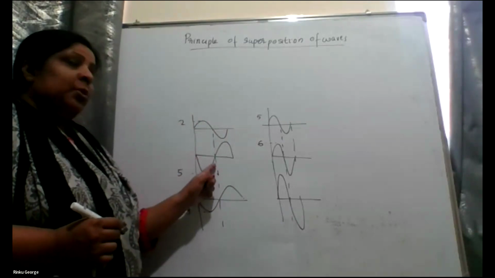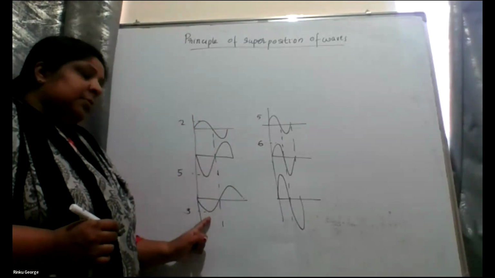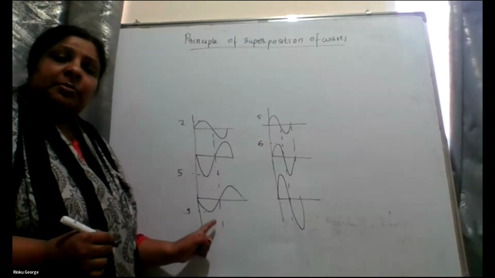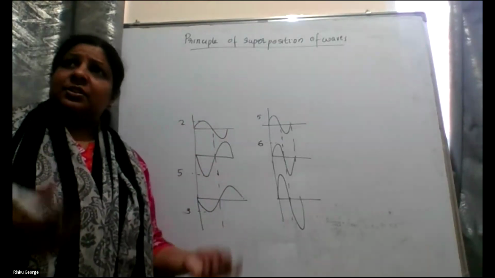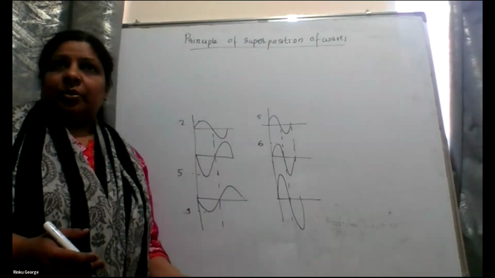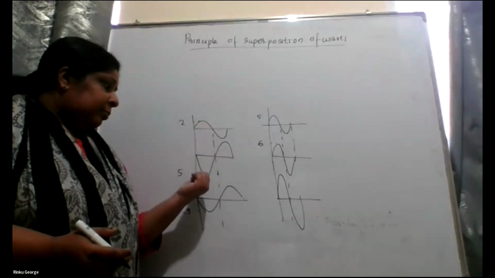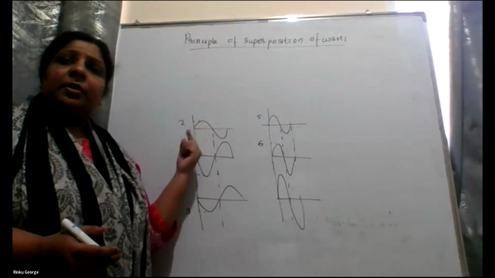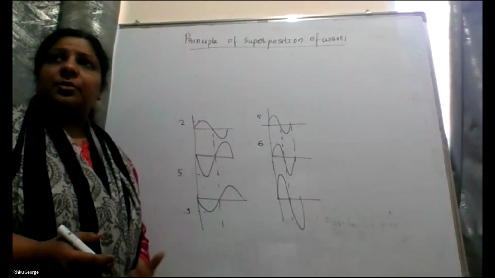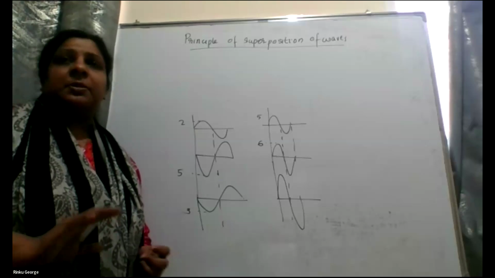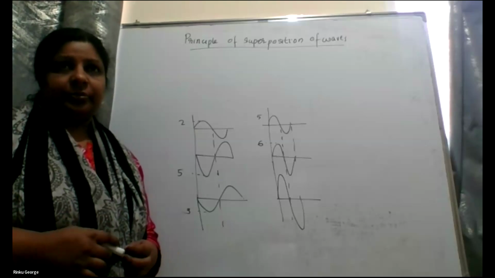Because this 5 is more, the negative wave is more, so the resultant wave will be in the negative direction. So when they both add, minus 5 and plus 2, what do you get? Minus 3. This is the principle of superposition.